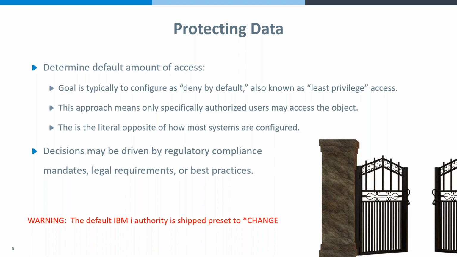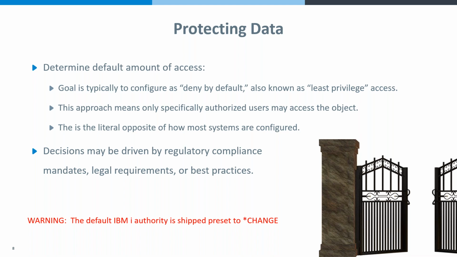But the unfortunate nature of IBM i is that it is typically in the complete opposite configuration of that. We tend to allow everybody in until we say otherwise. Now, it's not all on your shoulders there. IBM actually sets the default permission in the operating system as *CHANGE. We're going to talk more about what that changes and the implications of that as we go forward here.